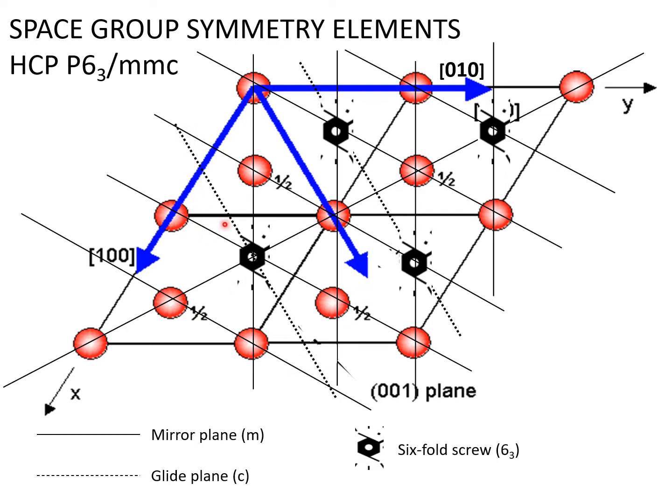The dotted line is a glide plane, and what that means is that we can reflect in that plane. So take these 3 atoms here, we reflect them in that plane, take that one to there, and then we translate by half a unit.